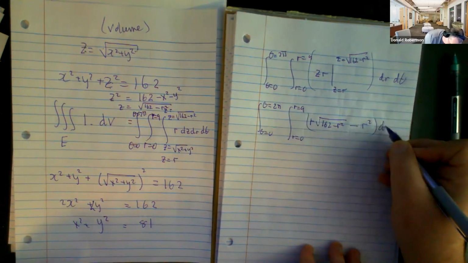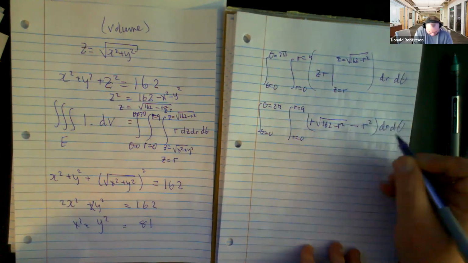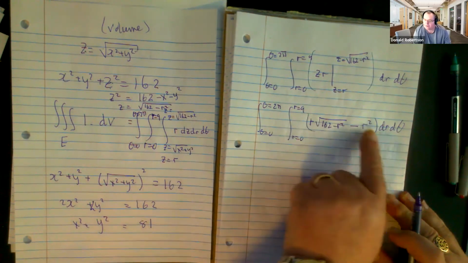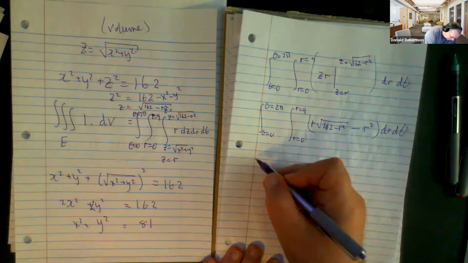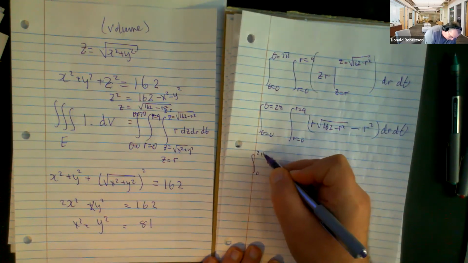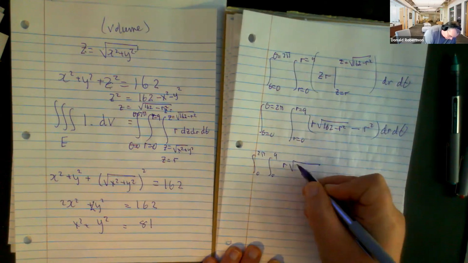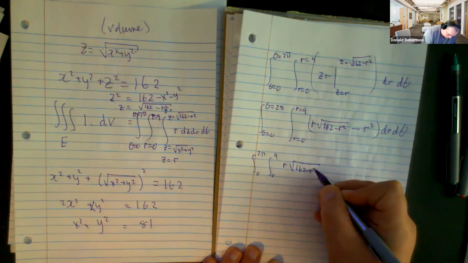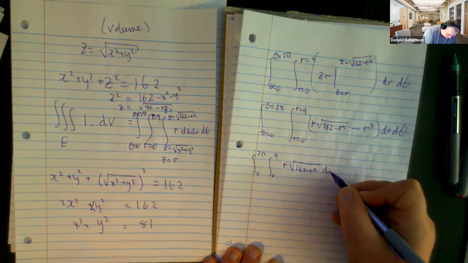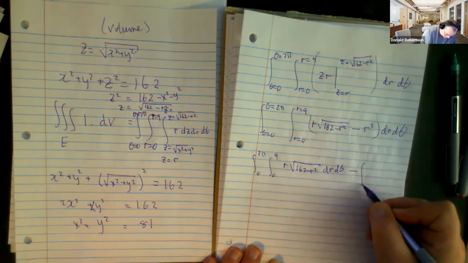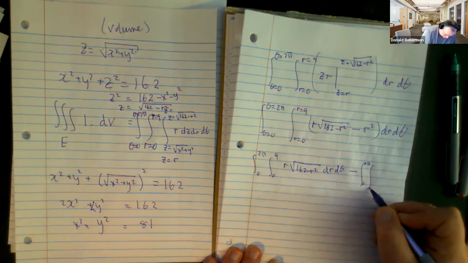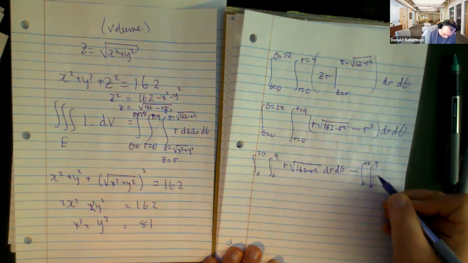dr d theta. I would take care of these as two separate integrals just so that they don't interfere with each other. So imagine theta from 0 to 2 pi, r from 0 to 9, the ugly one, take away theta from 0 to 2 pi, r from 0 to 9 of r squared.